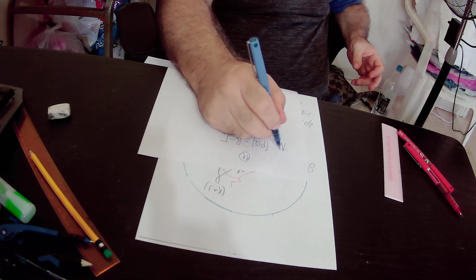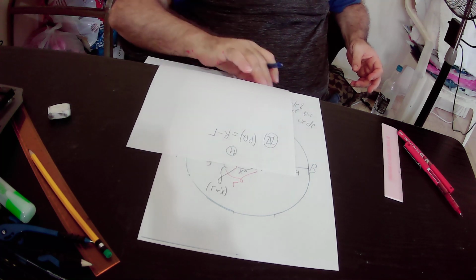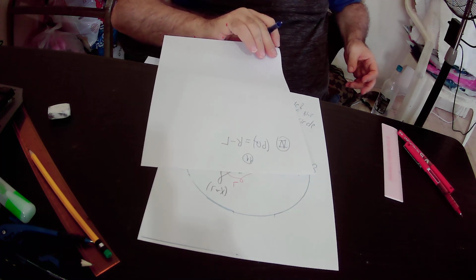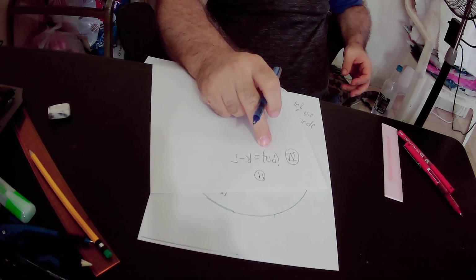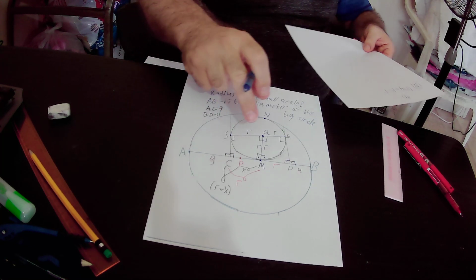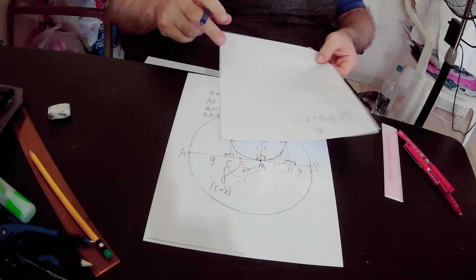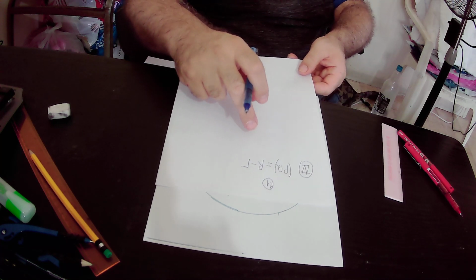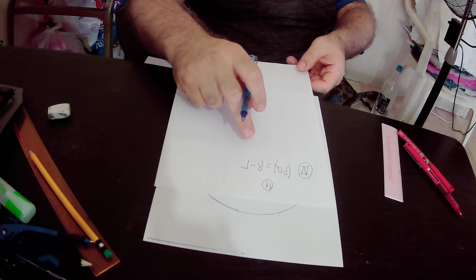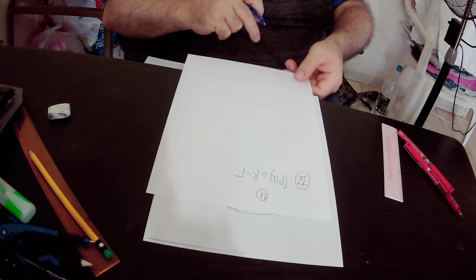So that is the implementation of rule number 5 in our two circles. The distance between the centers of those two circles, that is to say PQ, equals the difference between the lengths of the two radiuses, that is to say PQ equals capital R minus small r.